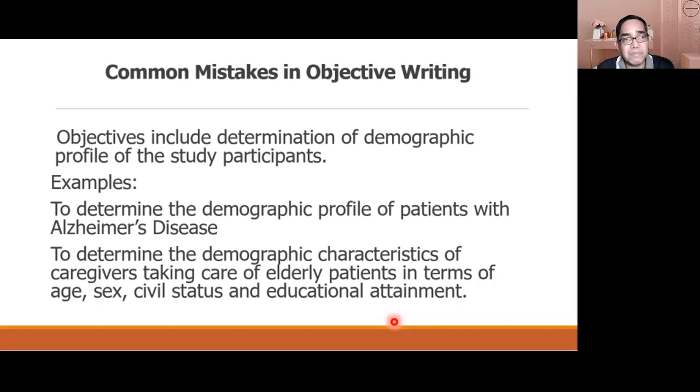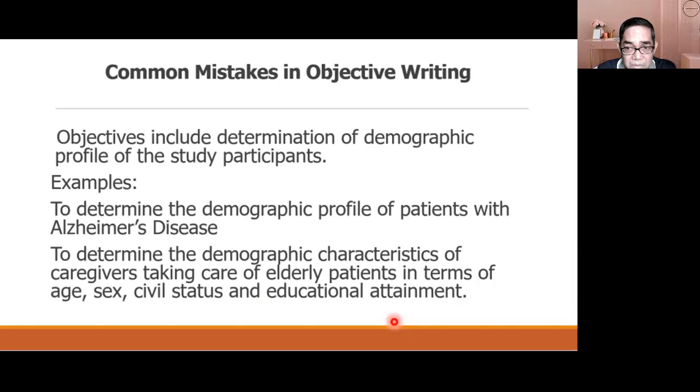So for example, let me just give you an example. The first time that COVID-19 was discovered, early in 2020, early months of 2020, people would want to know the demographic profile of people who develop COVID-19.